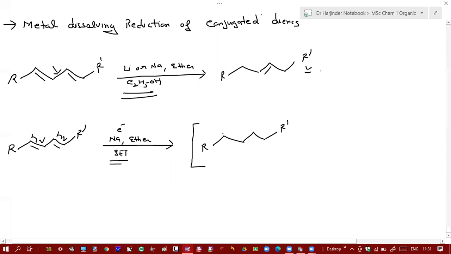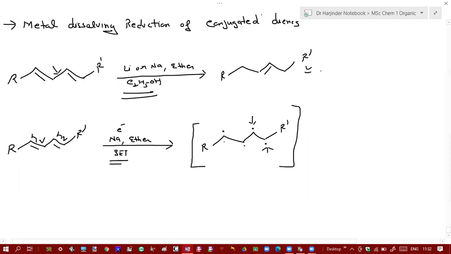When they undergo homolytic bond cleavage, here you have a single electron, here also a single electron, and here also a single electron. Then there will be transfer of another electron. Now to which carbon will it prefer to go? Here or here? Same thing on the other side.